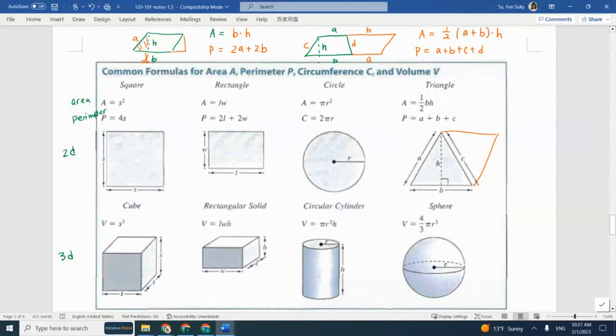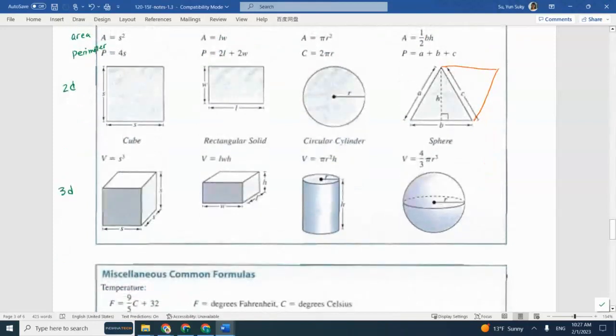Now, how about three-dimensional figures? We have cube. Ooh, cube. So S times S, and then times height. Actually, all the cylinder shapes, you can think of cube as also a cylinder shape, but not a circular cylinder. In general, for cylinder, you have your base and then you have the height.